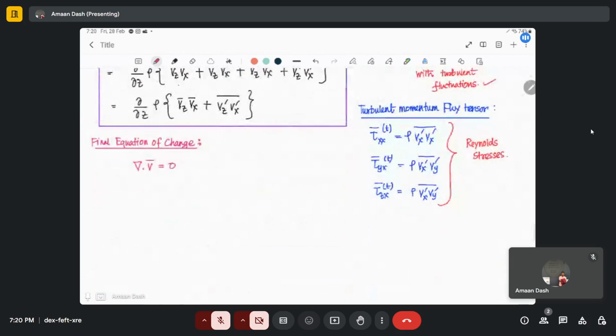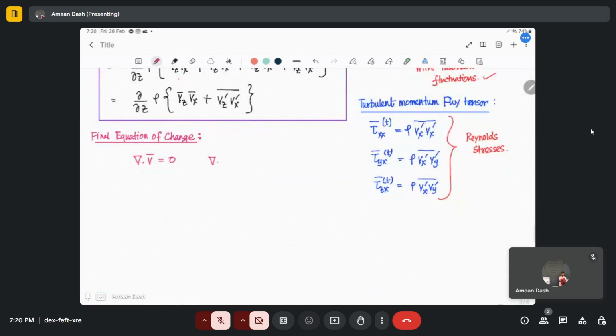So we will have another term, del dot v prime is equal to 0. Okay.